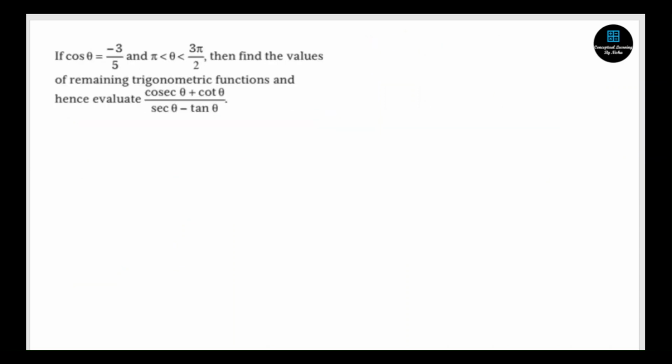Correct? Now here in this question, theta lies in third quadrant. This is third quadrant, right? So we can write the remaining ratios. So cos theta is minus 3 upon 5. Sec theta is minus 5 upon 3. Then sin theta is minus 4 upon 5.